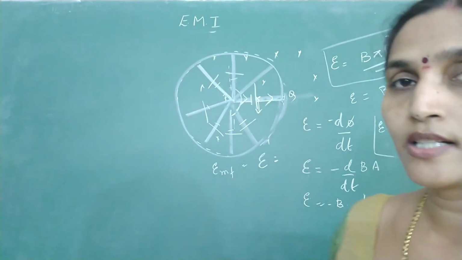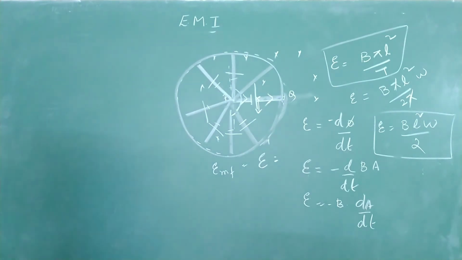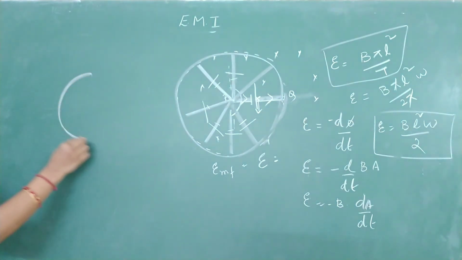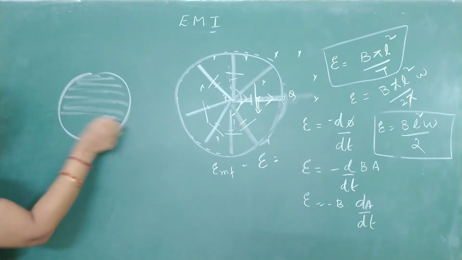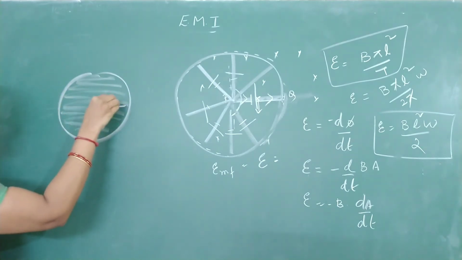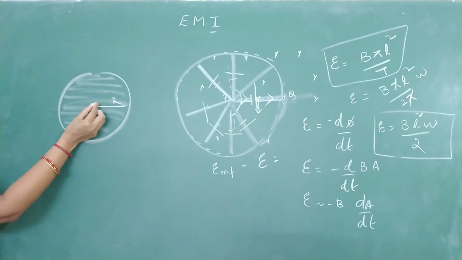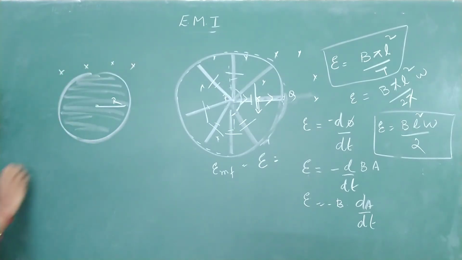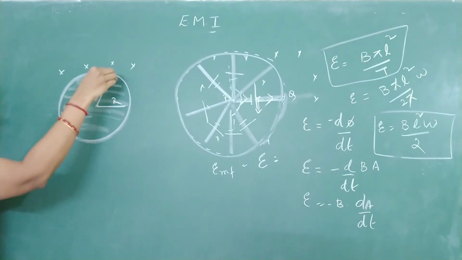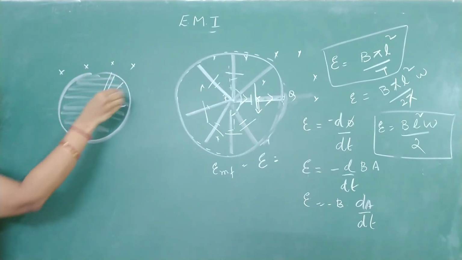So instead of spokes of a cycle, they may give you a metal disc. Okay, this is a disc whose radius is capital R, and you are rotating it about the central axis in a perpendicular magnetic field. Then this disc can be divided into a number of spokes like this.